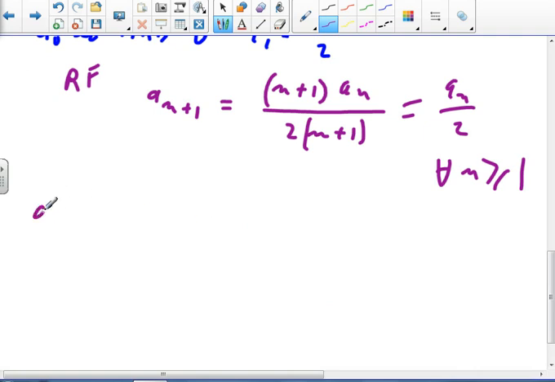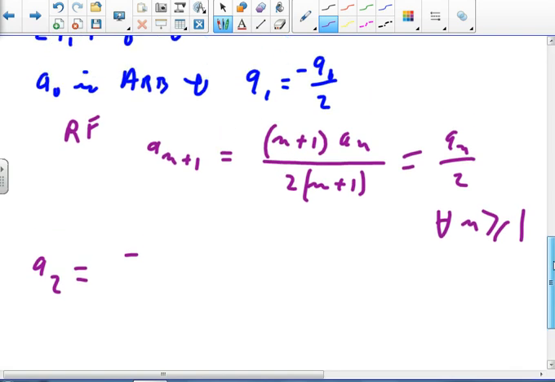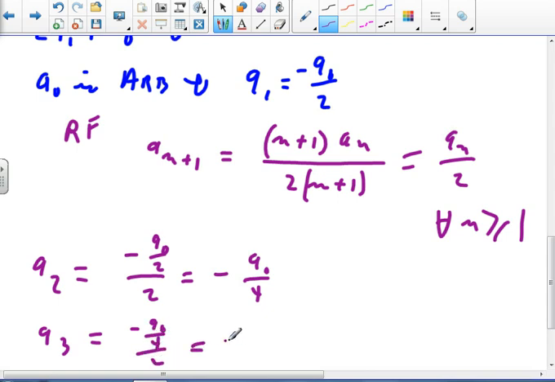All right, so a2 is equal to minus a0 over 2 divided by 2, which is minus a0 over 4. a3 is minus a0 over 4 divided by 2, which is minus a0 over 8. And an is going to be minus a0 over 2 to the n.